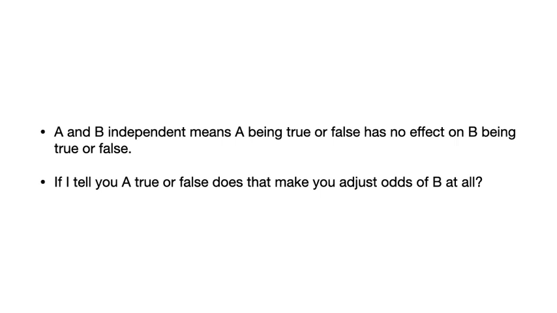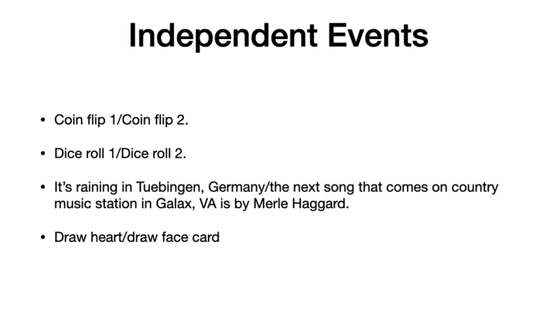Nothing you find out about A moves the odds that B is true or false. Coin flip 1, coin flip 2, independent events. Getting heads on coin flip 1 tells you nothing about how likely heads is to come up on coin flip 2.